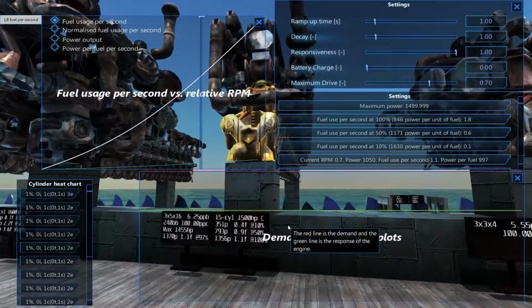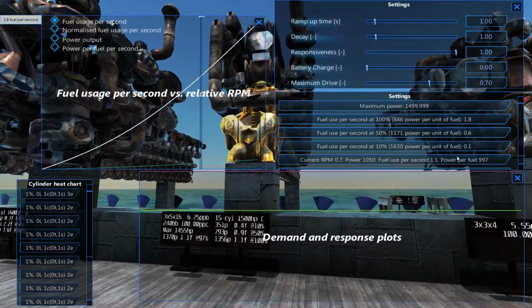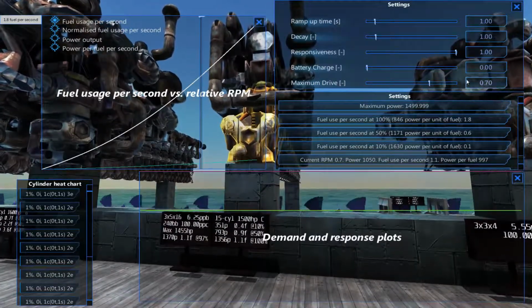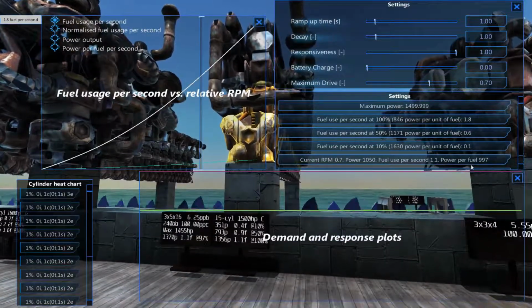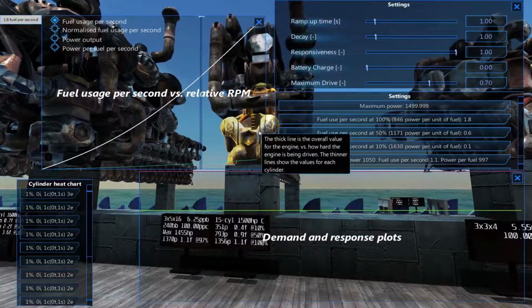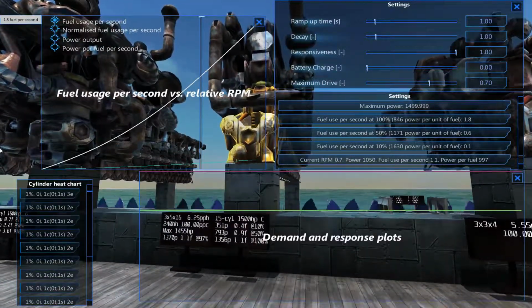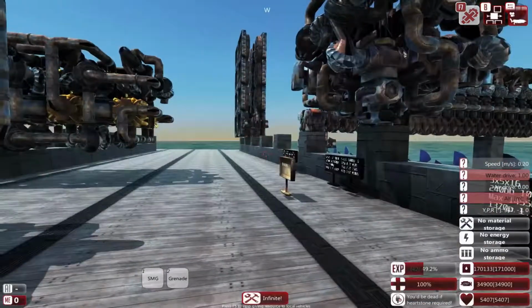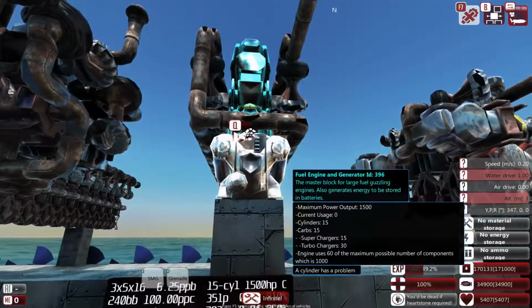So if this motor was using 1,000 to 1,500 horsepower continuously, it doesn't really matter because it's still using 1.1 fuel. And so this would be a better kinetic drive motor, and the other one over there would be a better generator backup motor, because this motor is a higher efficiency motor.